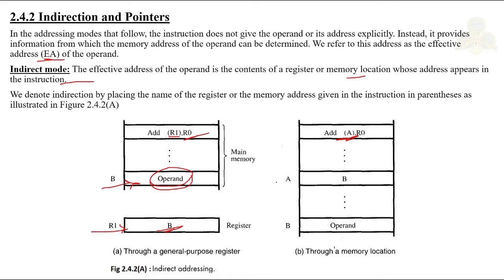It will first go to the location A and it will see that there is one more memory location present, which is B. Again, a new read cycle is initiated. Whenever a new read cycle is initiated, it goes to this particular location B and the data, or the operand, is fetched. Then it is added to the register content R0.